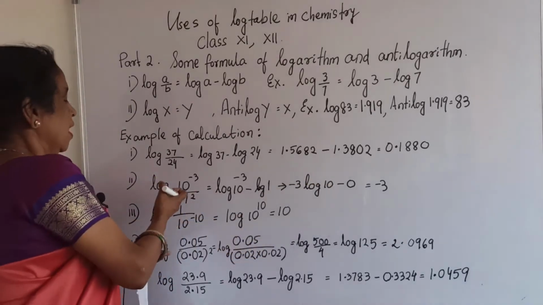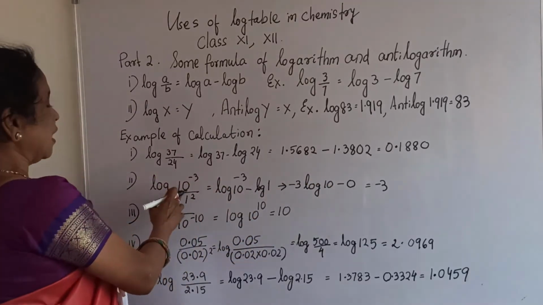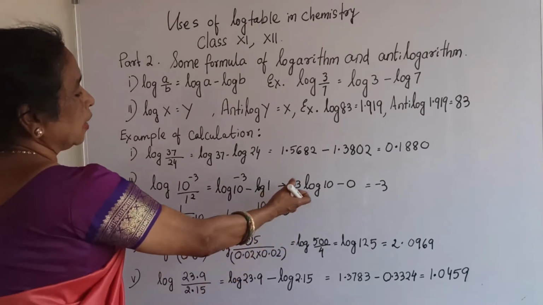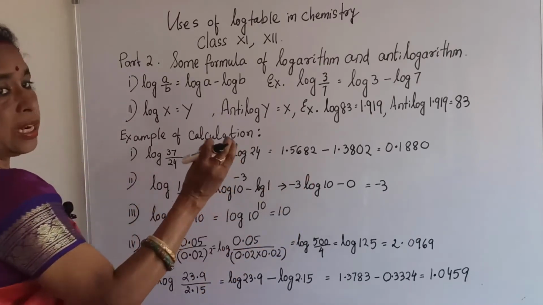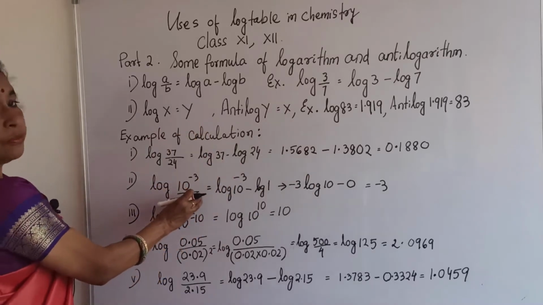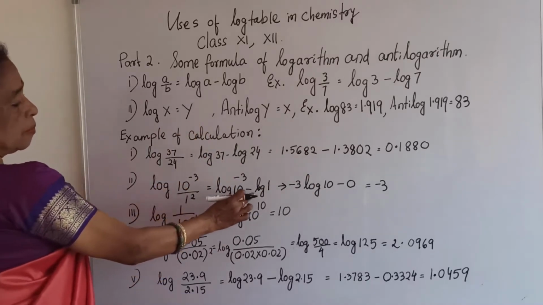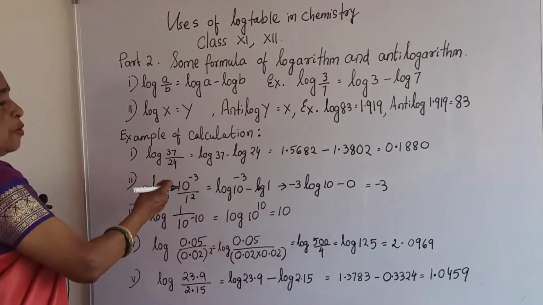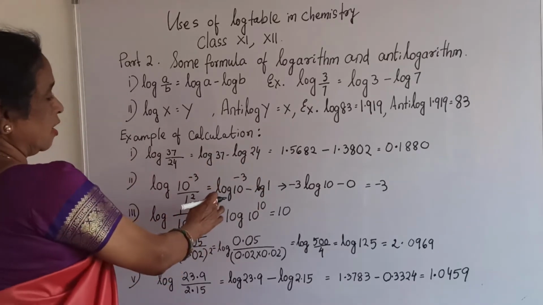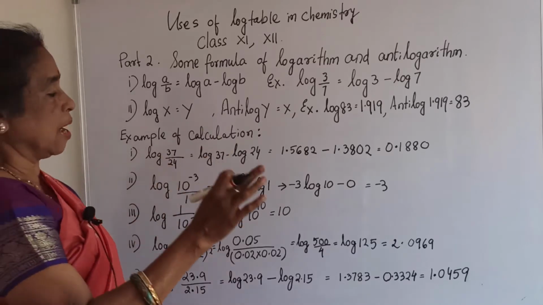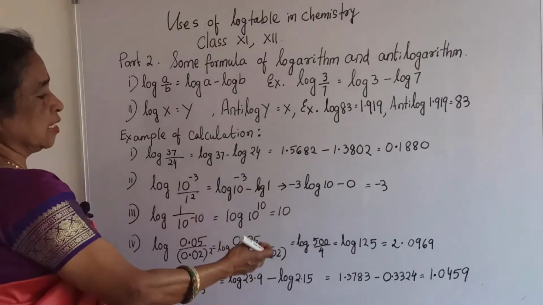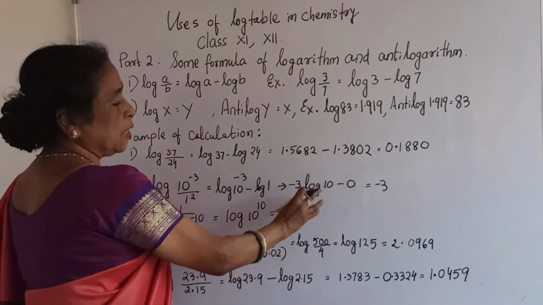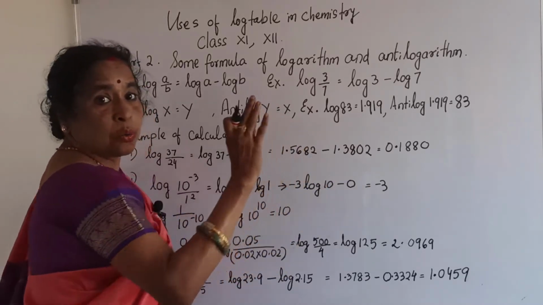I only want to remove the confusion, that is why I have written log 1, otherwise it is not necessary. You can directly write log 10 to the power minus 3, then the answer is minus 3 log 10, which comes to minus 3 because log 10 equal to 1.